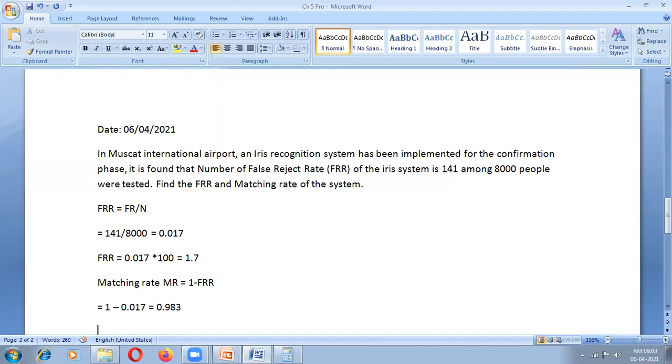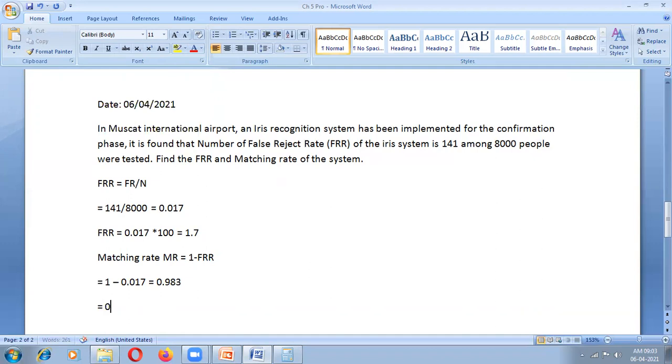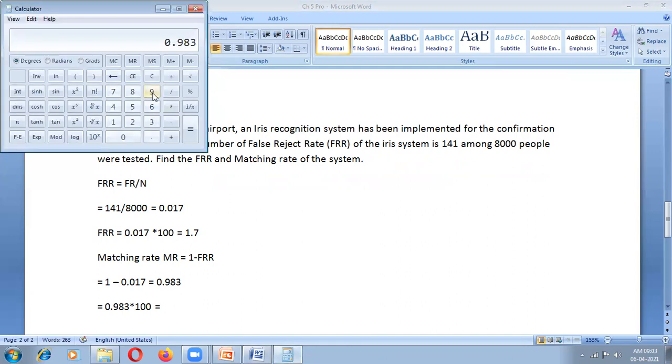You need to convert it to a rate, so 0.983 multiplied by 100 to find the rate. If you multiply by 100, it will be 98.3. Just a minute, I think I made some mistake.